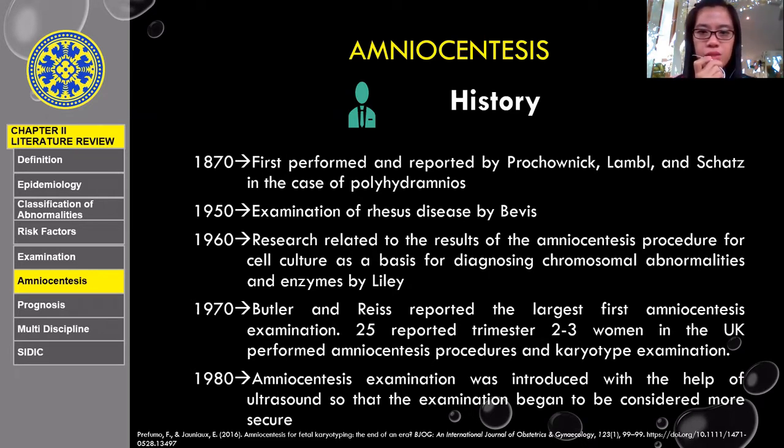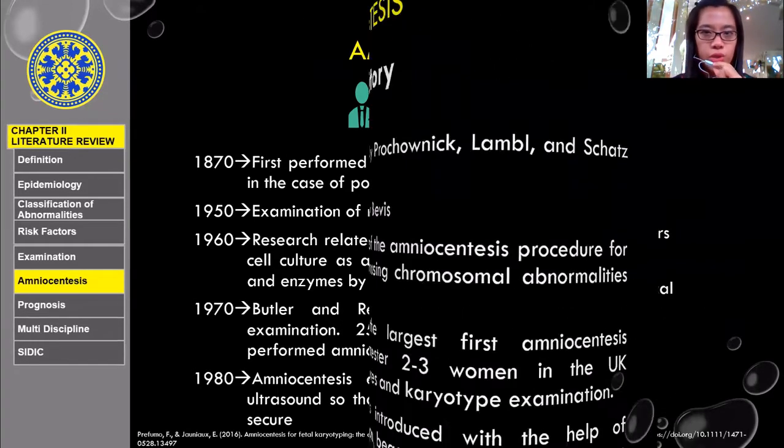In 1970, Butler and Grace reported the largest first amniocentesis examination, and in 1980, amniocentesis examination was introduced with the help of ultrasound, so that the examination began to be considered more secure.